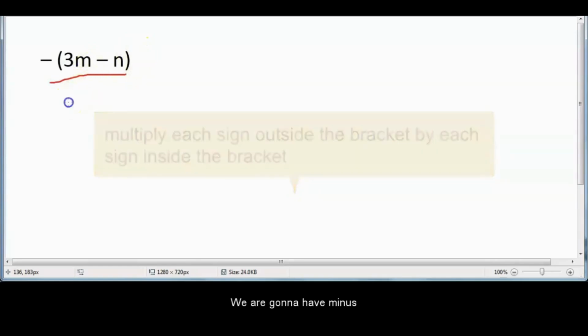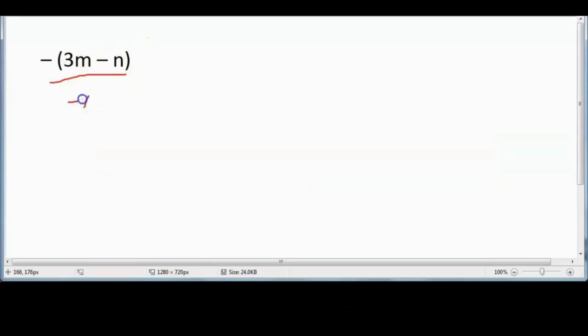So we're going to have minus multiplied by plus, and then for the second sign, minus multiplied by minus.